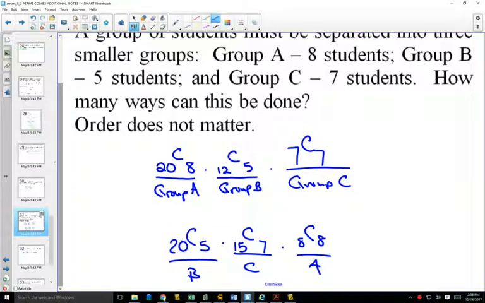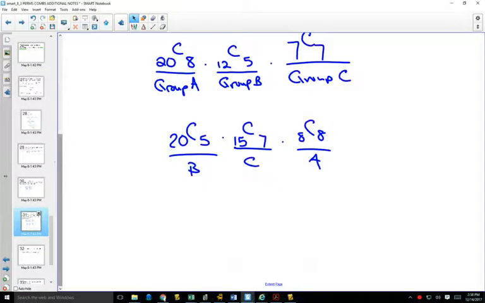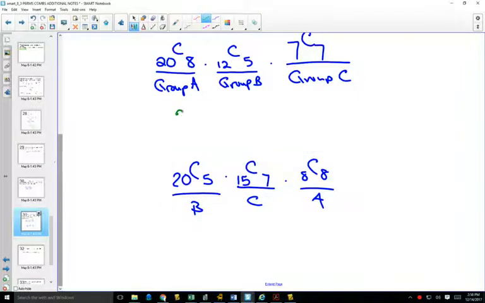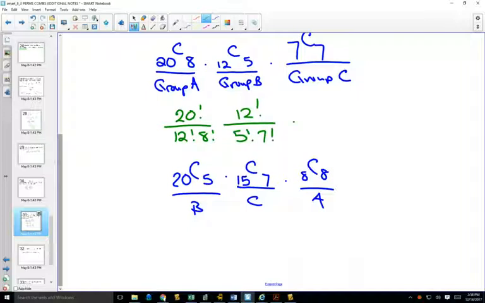Well, if we look at the numbers here, this is going to give me 20 factorial over 12 factorial, 8 factorial. This is going to be 12 factorial over 5 factorial, 7 factorial. And this is going to be 7 factorial over 7 factorial, 0 factorial, if I use the formula. And if I simplify this, can you see that your 12 factorials will cancel?